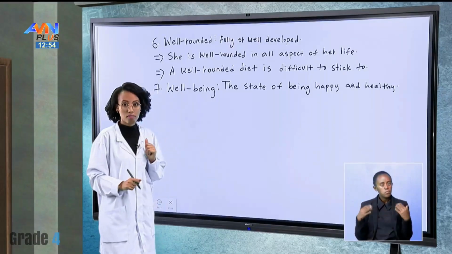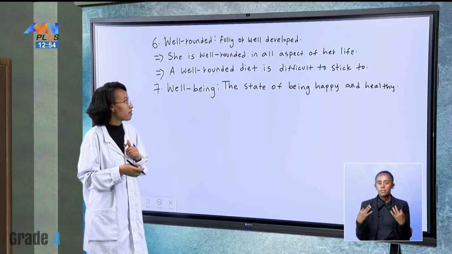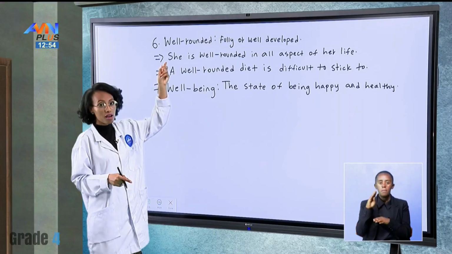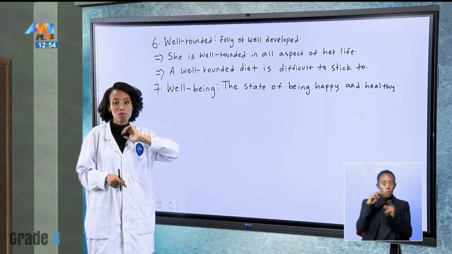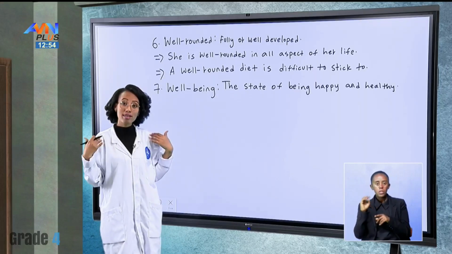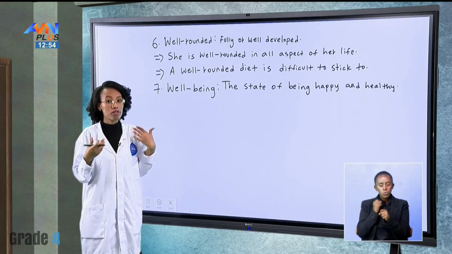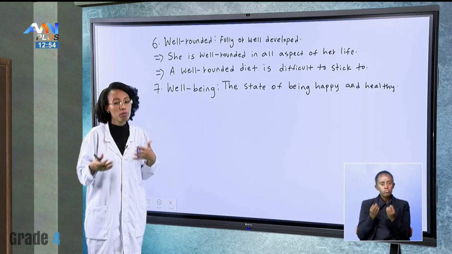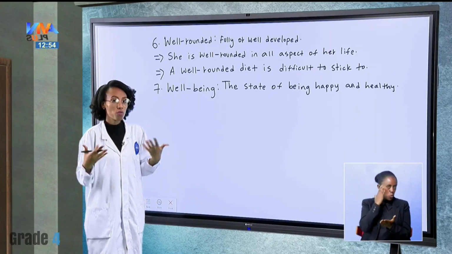Happy and healthy. Yes, the state of being happy and healthy. If in the above vocabulary, if you see, when we say a person is well-rounded, we are saying they are doing really well or they know really well. Knowledge, they know really well.